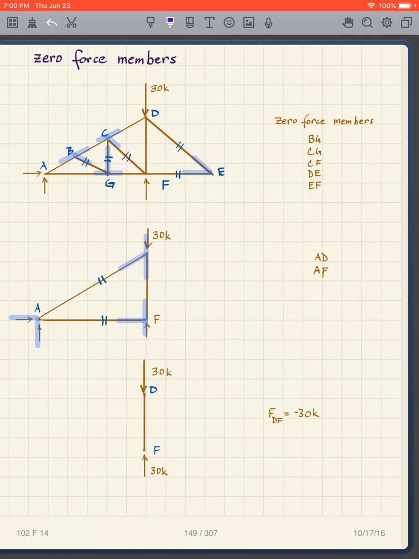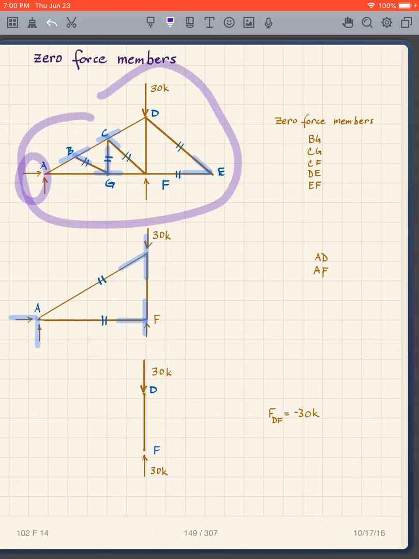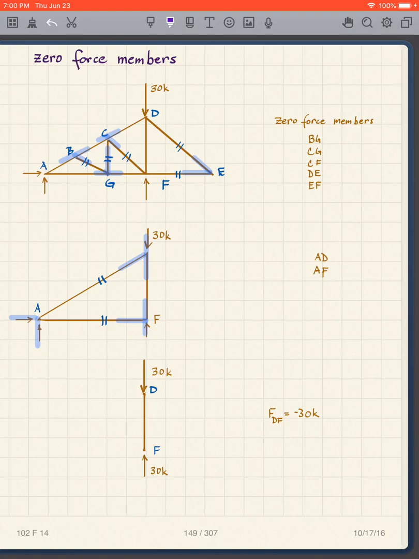So this is an extreme case, obviously. If you looked at this, you would see that these two reactions are zero. In other words, if I take moments about this point, that's got to be zero, and if I take the sum of the forces in the x direction, that's got to be zero.